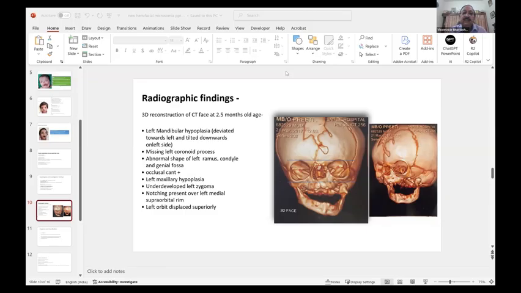Now, why don't you call it distraction osteogenesis? You are distracting the bone, no? You are making the cut in the bone, but then why don't you call it distraction osteogenesis? Why are you calling it distraction histogenesis?